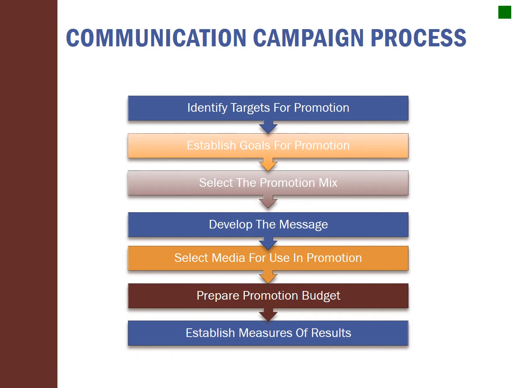Followed by identifying the promotional mix components. Now, promotional mix components are the components within the four P's. One of the four P's is promotion, and within promotion we have generally five major components, and that's what we mean here when we say select the promotional mix. So, advertising. Will you do any advertising?